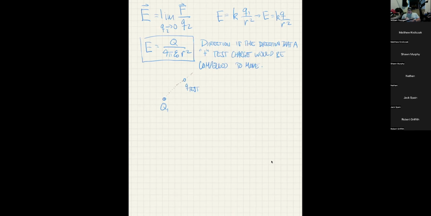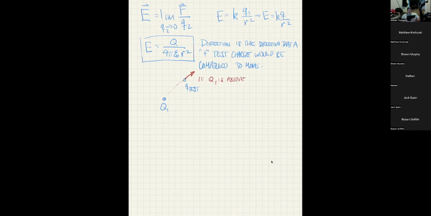And if Q was positive, then a positive test charge would be compelled to move off this way. Does that make sense? Okay, so that's the direction of it.